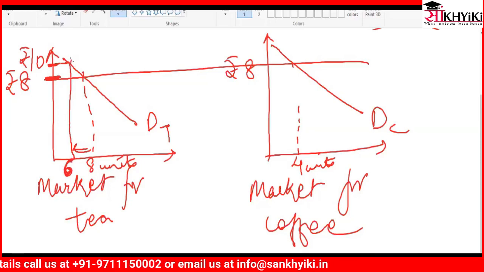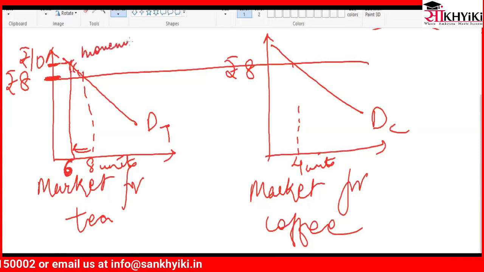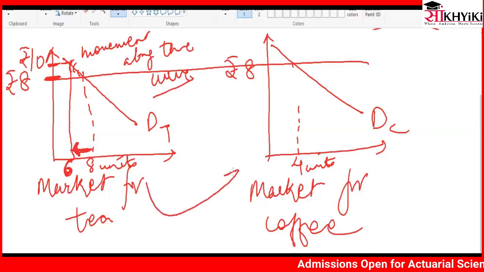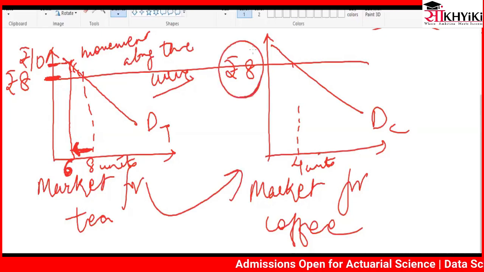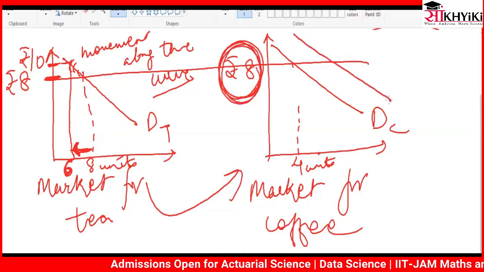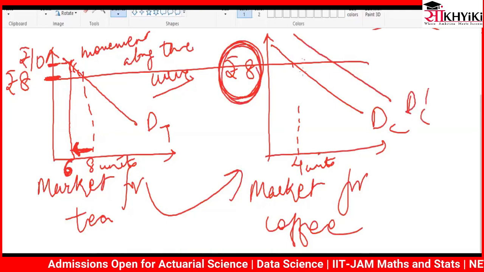So understand that there is a movement along the curve. The price increased and quantity demanded decreased. Now here, because the quantity demanded of tea decreased, people shifted towards coffee, and at the existing price of coffee, the demand for coffee increased.